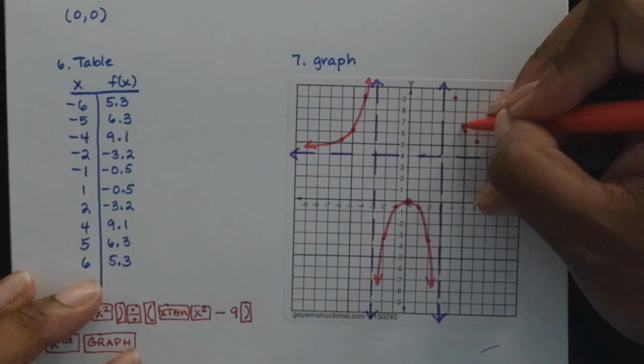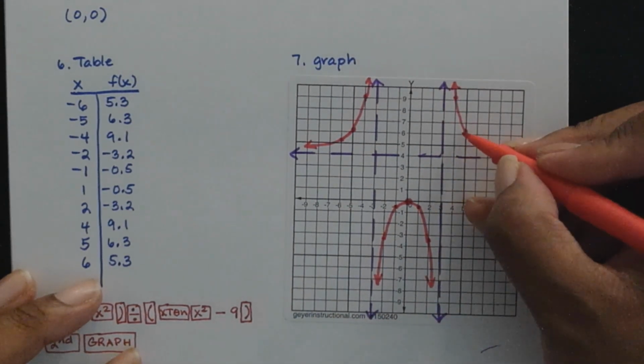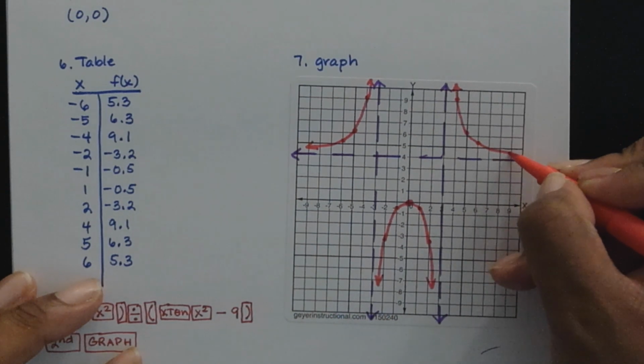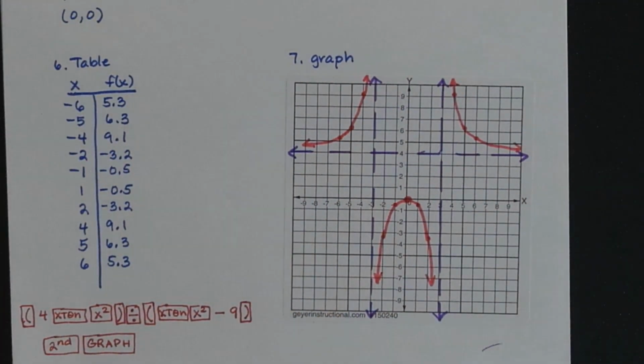So here it's going to come up approaching the vertical asymptote of x equals 3. It's going to come down going this way, approaching the horizontal asymptote at y equals 4, but it'll never cross it. So that is what the graph of f of x equals 4x squared divided by x squared minus 9 will look like.